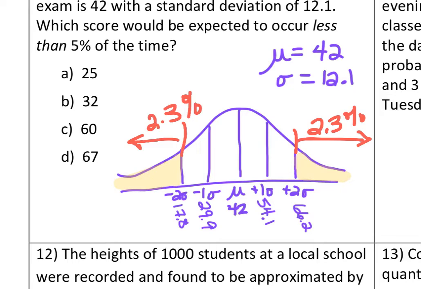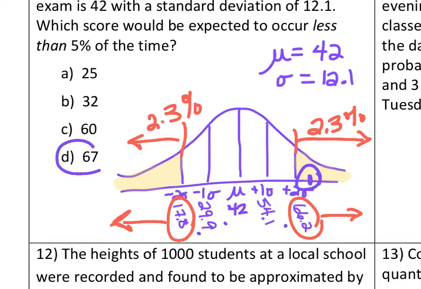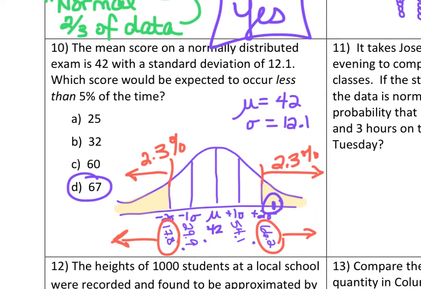And so that means that anything above 66.2 or below 17.8 would fit what we're trying to say here. Well, 25 is not below 17.8. Neither is 32. 60 is not above 66.2, but 67 would be maybe about there. And so 67 is going to be our answer.